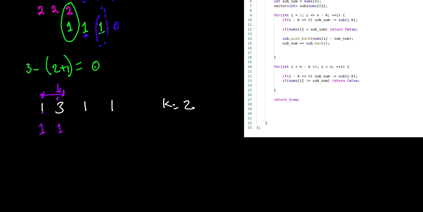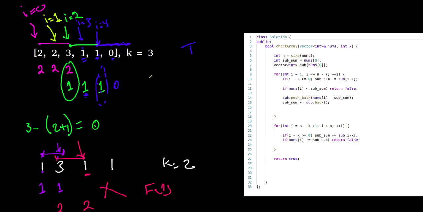So to make this 0, we subtract 2, which is 3 minus 1, and subtract 2. Now we need to make this 0, but 2 is greater than 1, so it's impossible to make this equal to 0, and in this case we return false, while in the previous case we return true.